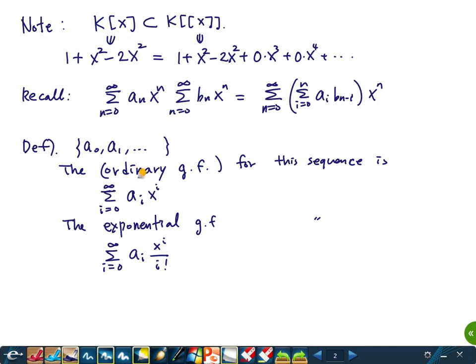And sometimes this is easier to understand or study this sequence, or sometimes this generating function is more suitable for studying this sequence. So sometimes we will use this or this. Okay, I think I made a parenthesis in the wrong position. So sometimes, the word ordinary can be omitted. So we just say, generating function for this is this. And the exponential generating function for this is defined to be this.